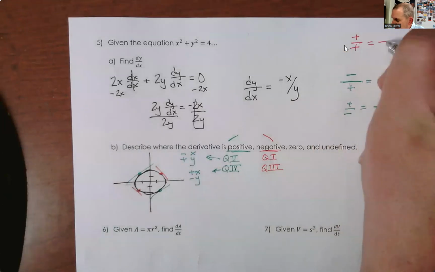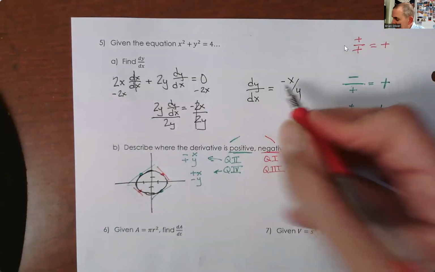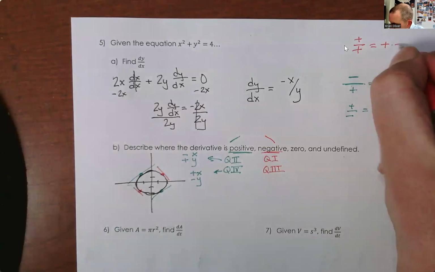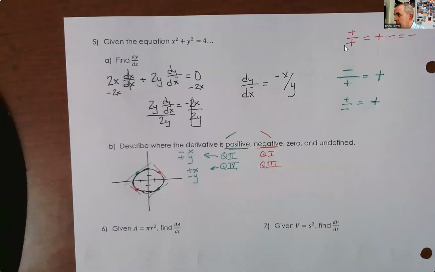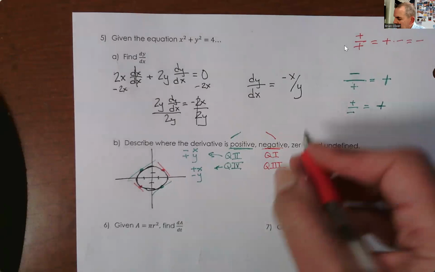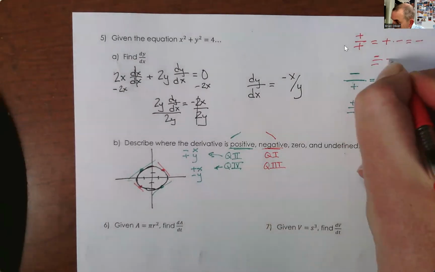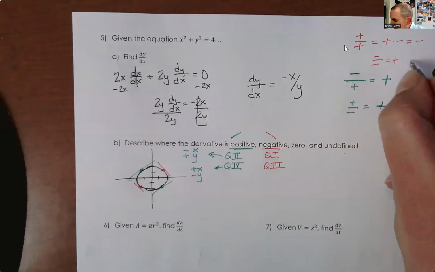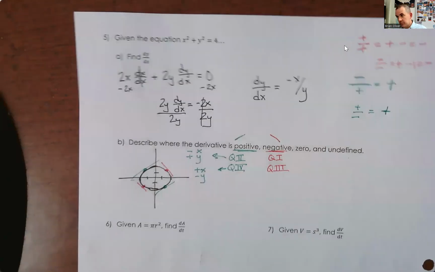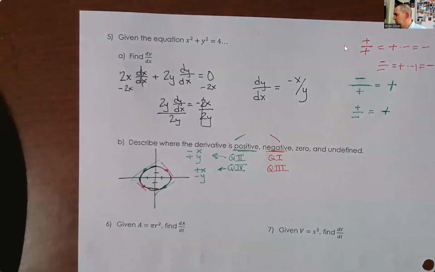That gives me an overall positive. But when I multiply times this negative, it's going to give me a negative value. There's my negative slope, and the same for quadrant 3. In quadrant 3, I'm going to have negative over negative, which gives me positive. And then a positive times a negative gives me a negative. So again, just kind of a visualization of what we just did with this rule.